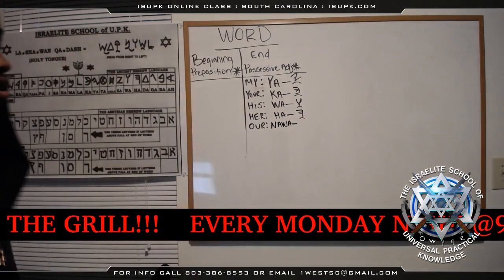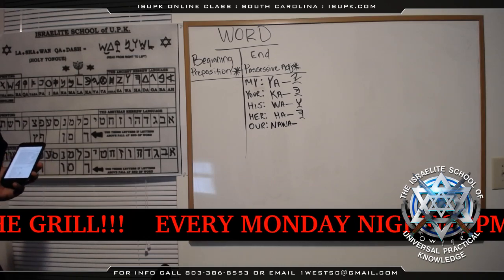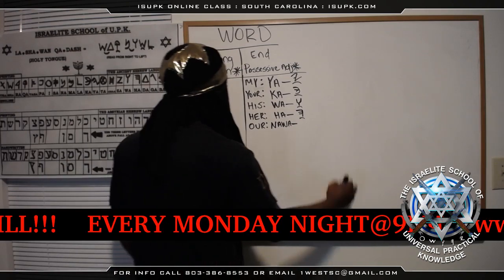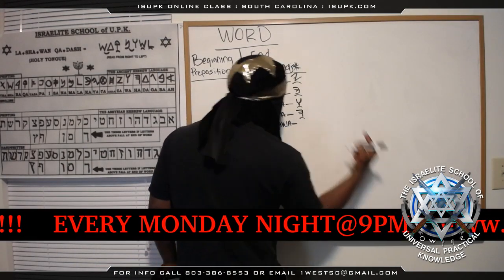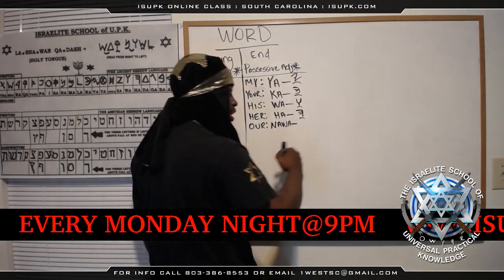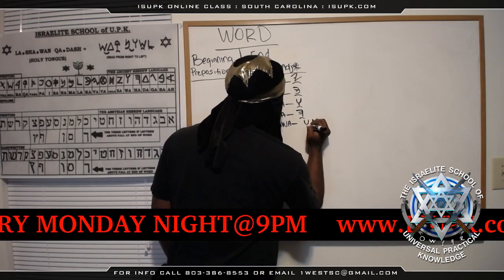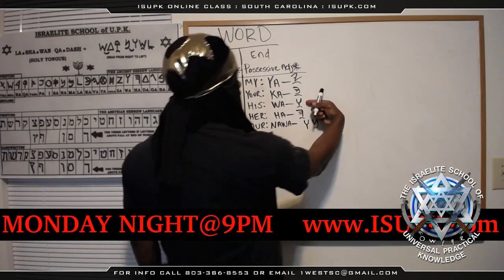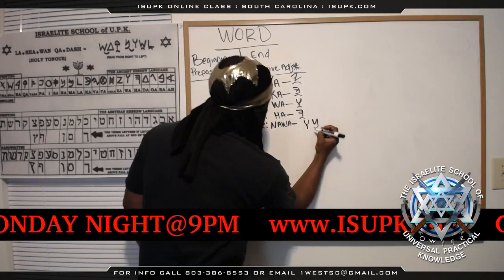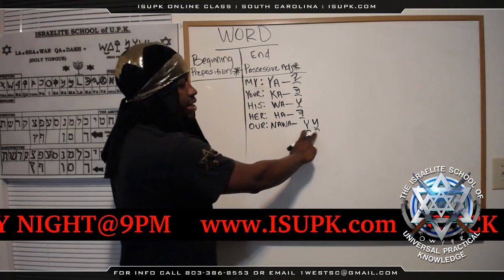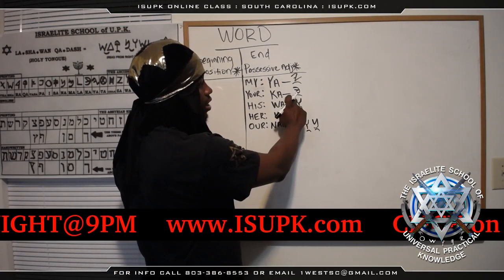Na, wa is 2 characters. So the na looks like this. And we start from the right to left when we write in Hebrew. So it's going to be na and then wa, the same character that we have right here. And again, these symbols underneath are connector lines.